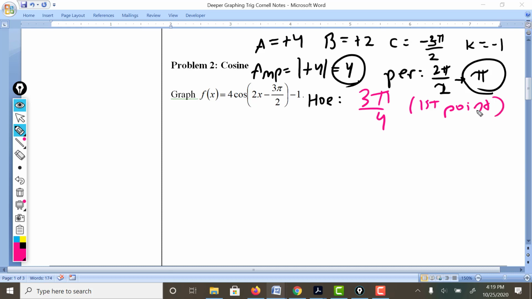Now the increment. The increment would be the period over 4. You always take the period and divide it by 4. Notice that they are the same, which is great.